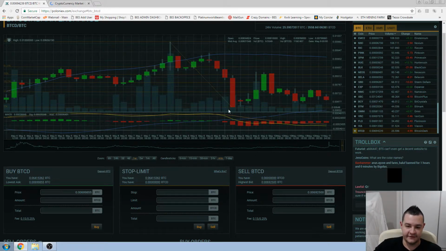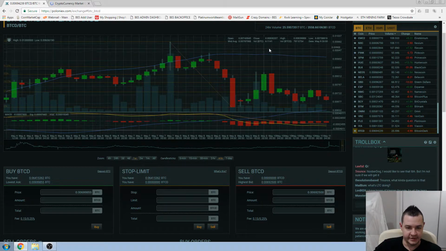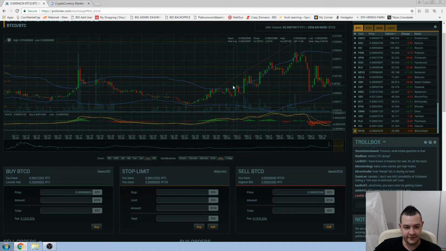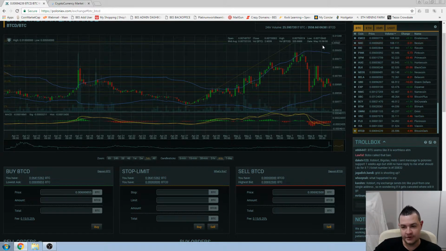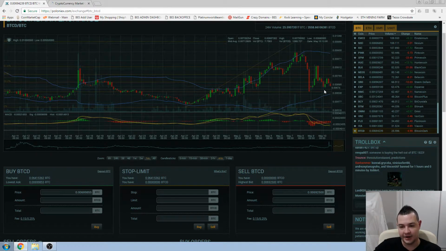Like if you bought down here and you set your sell level to be up with the previous high, you could be holding those coins for weeks or months, because obviously this is a fairly new high sort of thing. So prices come right back down, and if you want a high percentage on a low volume coin, you're going to have to wait a long time. It's as simple as that.